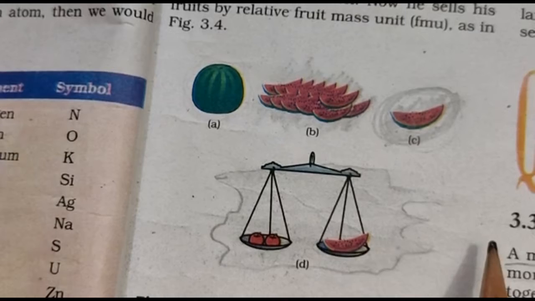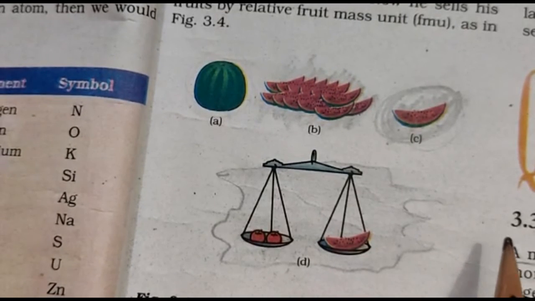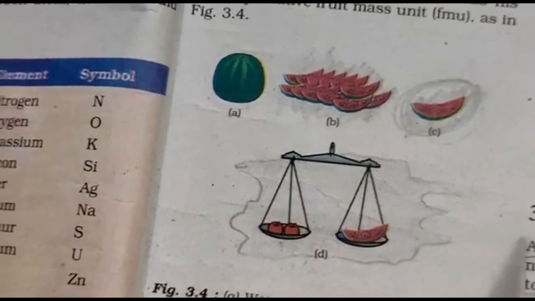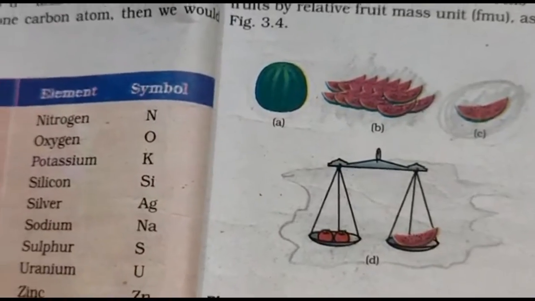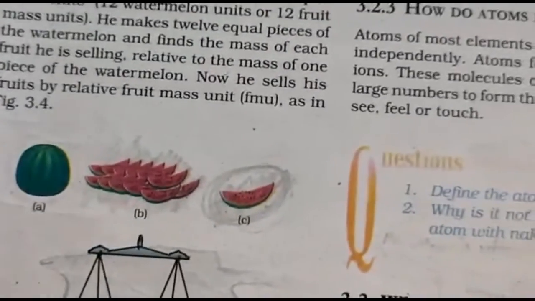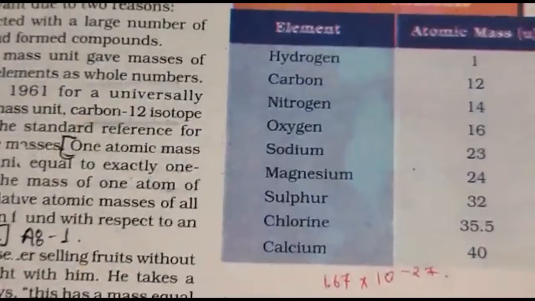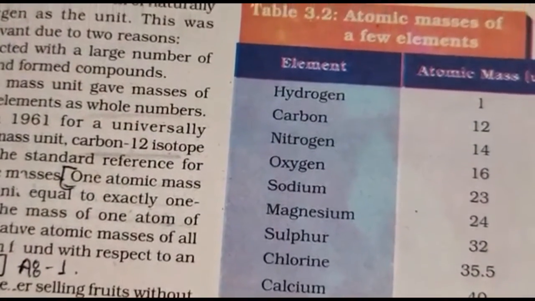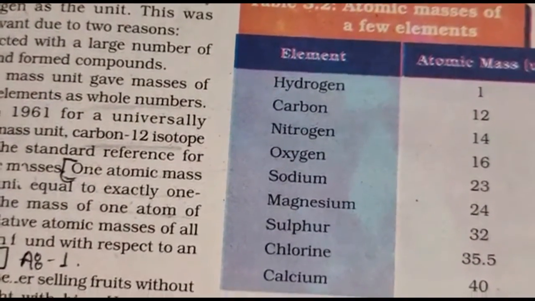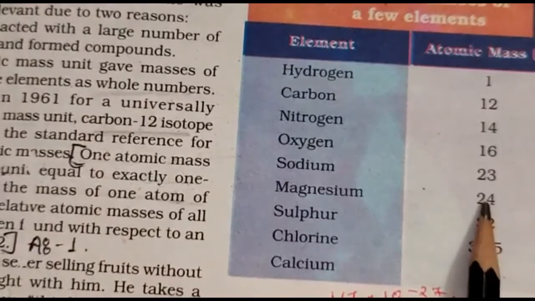Now we have one table in which we have given a few relative atomic masses. So we will talk about this table. Here we have the atomic masses of a few elements. So these are relative masses.